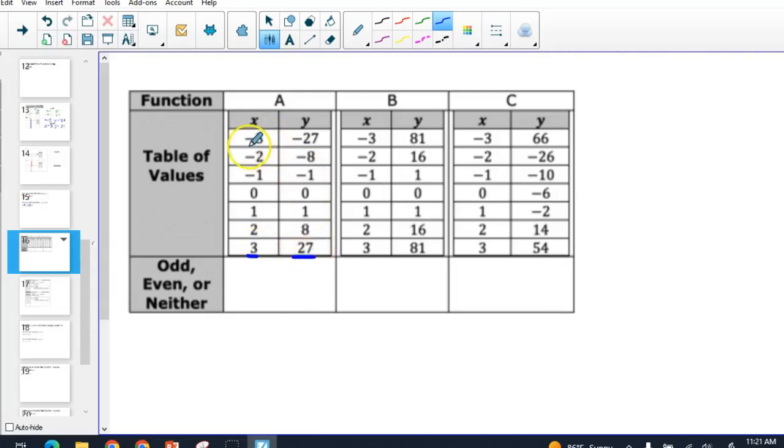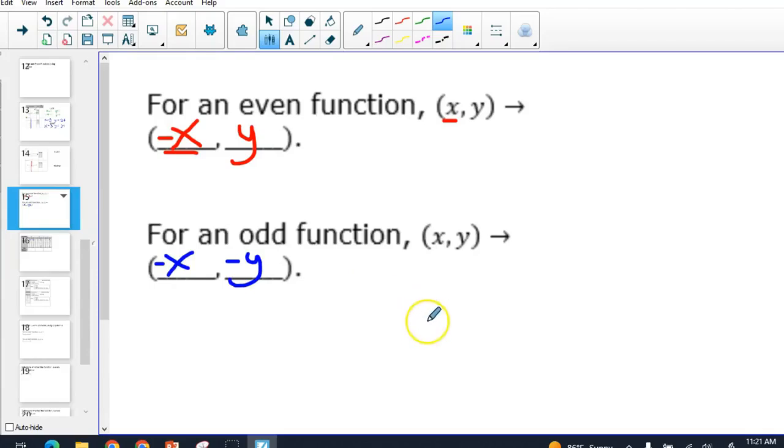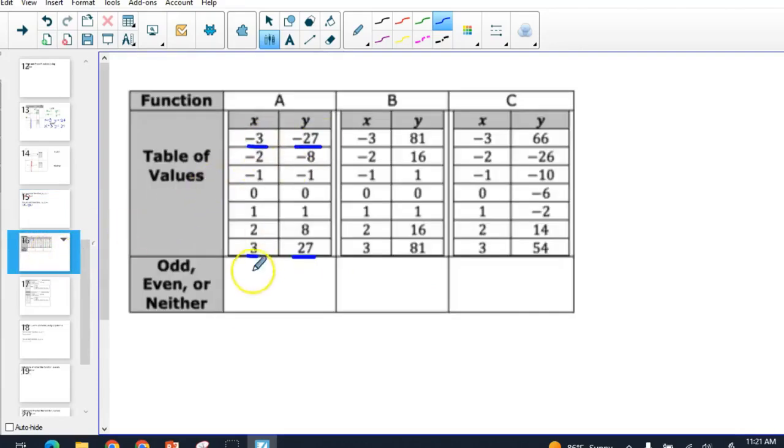So when we switch the sign on our x's, the sign on the y shifted. It looks like that pattern is following for all of our values here. Let's go back to our little rules we just made. So if I have an x and a y, and then they both switch signs, it's going to be an odd function. So since these both switch signs, we'll have an odd function.